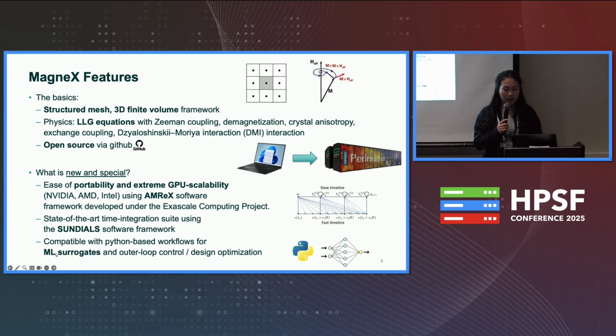We later implemented ML surrogates to replace the FFT calculation, and that's where we're still having a problem. We're still actively working on this, so we welcome any suggestions or solutions to solve this problem. So I will introduce that later.